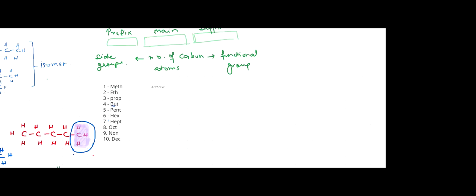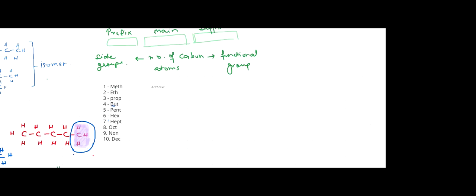Then the second functional group you have to study are alkenes. Alkenes also have carbon and hydrogen only, but they have a double covalent bond between the carbon atoms.